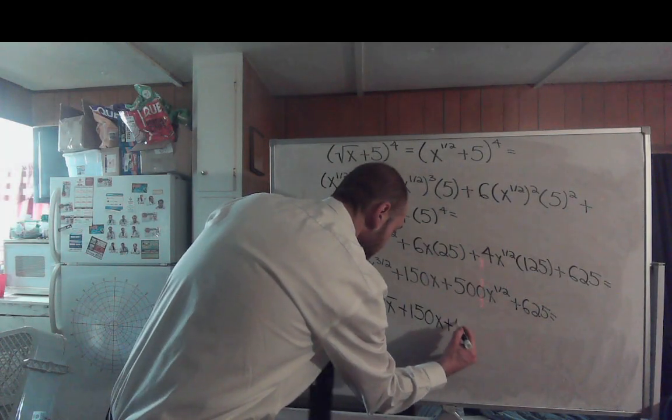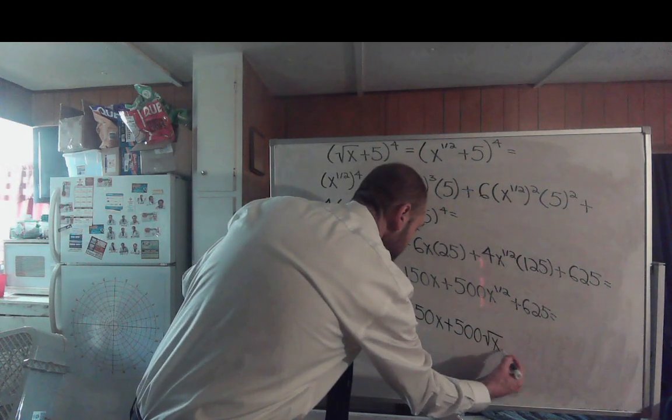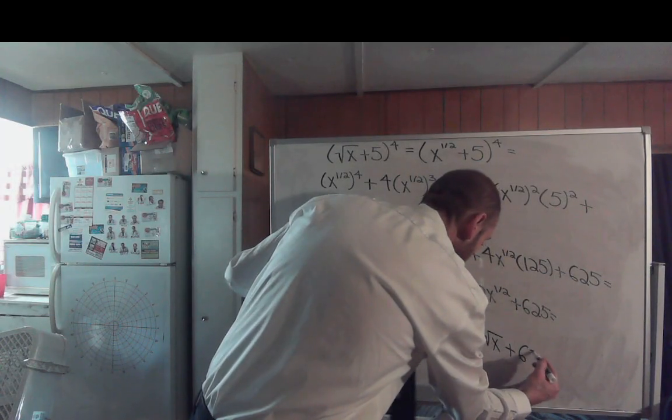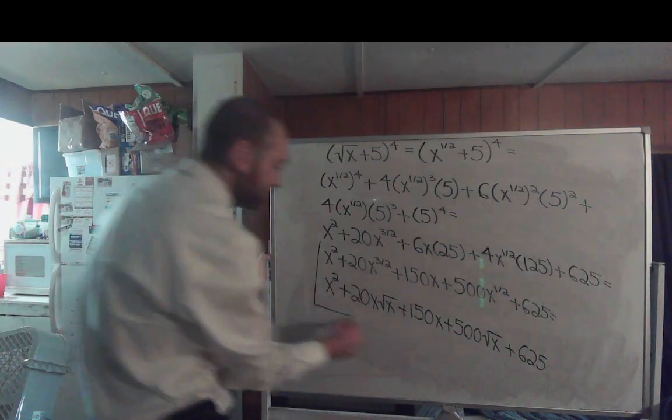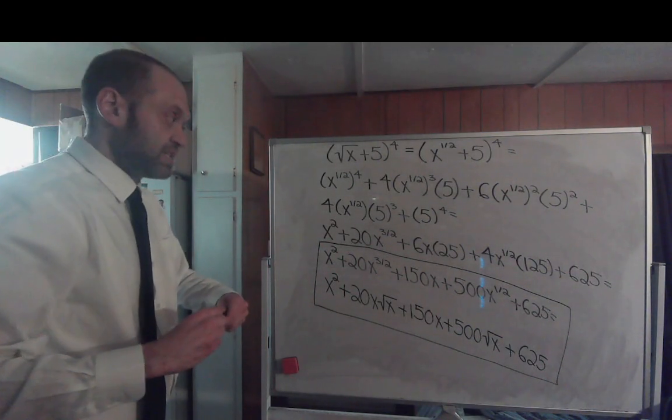That's just plus 500 times the square root of x, then plus 625. So you may see your answer written one of these two ways, but that is exactly how the expansion would go.